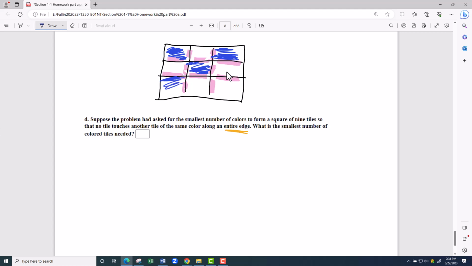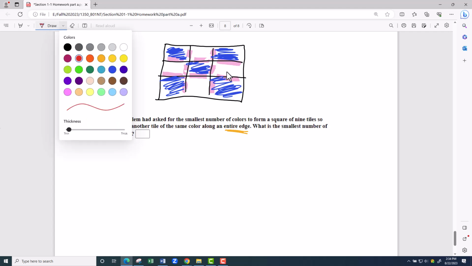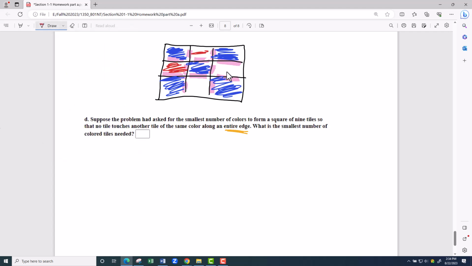And I can put it here, and I can put it here. And then I can put a second color here, here, here, and here. Because the reds are not touching along the long edges, entire edges. They touch at the corners, but they don't touch along the entire edges. So the smallest number of color tiles needed would be 2.